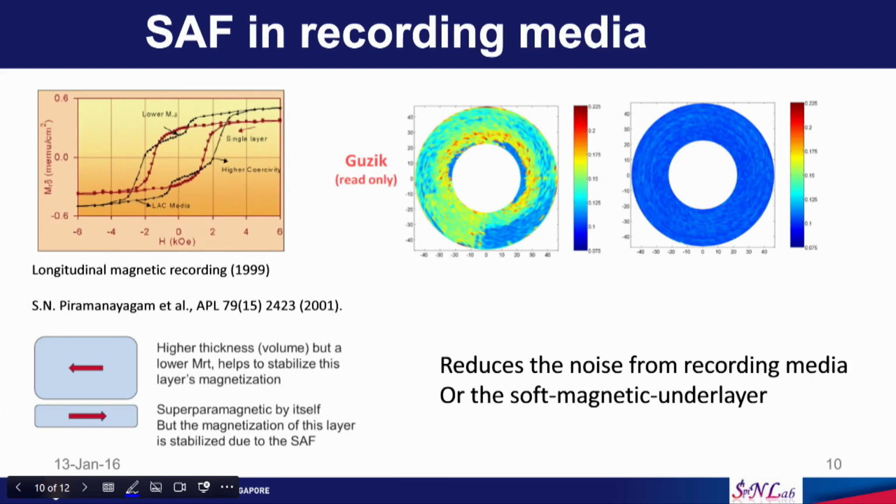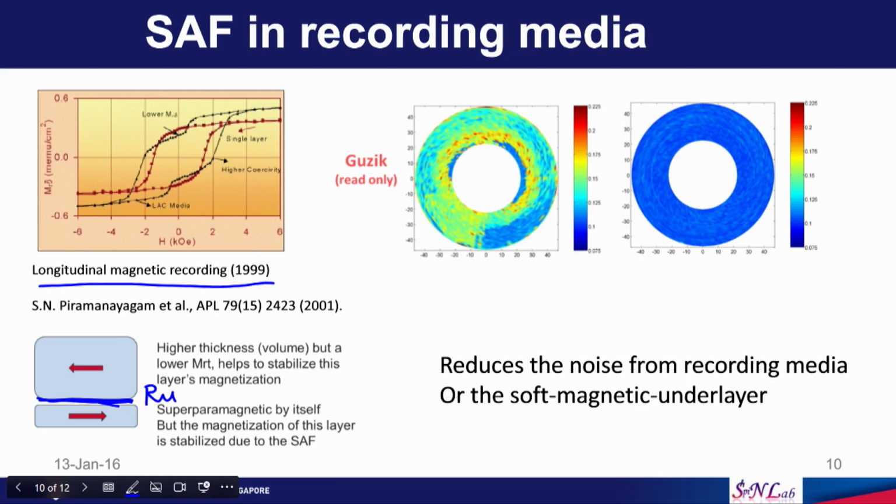The second use is in recording media. In some earlier forms of recording medium, longitudinal magnetic recording, people used, instead of one recording layer, two recording layers separated by ruthenium, so they have antiparallel coupling. Because of that, there is some use which we do not go into detail.